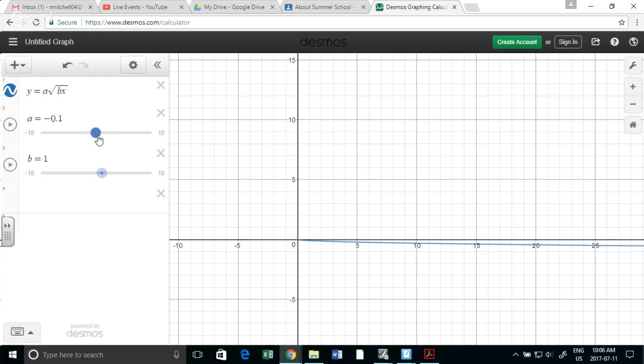What happens if it goes negative? Well, it flips over. So I get the other half of the quadratic that I didn't have before. So a plays 2 roles. It condenses or stretches it, and it keeps it either above the x-axis or below the x-axis.